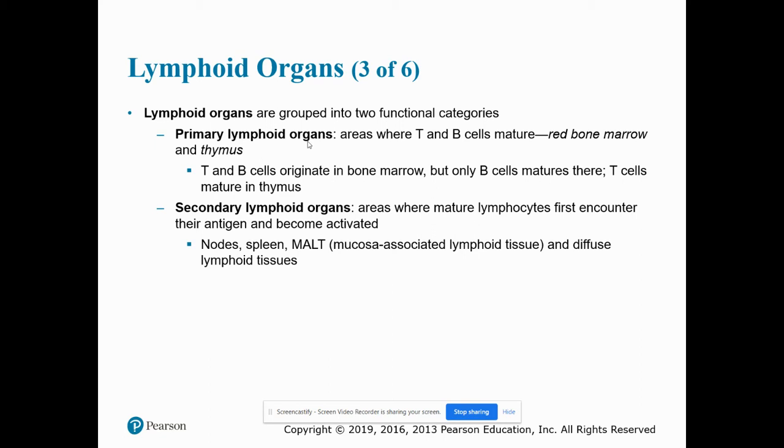Now, even though they do mature in different parts of the body, both T cells and B cells originate in the bone marrow. And then we have the secondary lymphoid organs, and these are the areas where mature lymphocytes first encounter their antigen and become activated. This could be lymph nodes, the spleen, MALT, which is mucosa-associated lymphoid tissue, and diffuse lymphoid tissues.